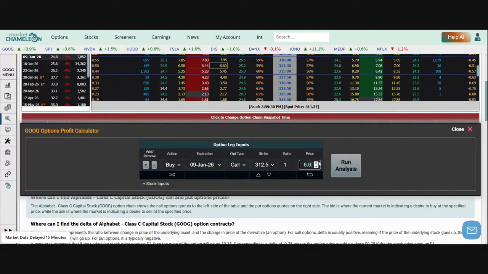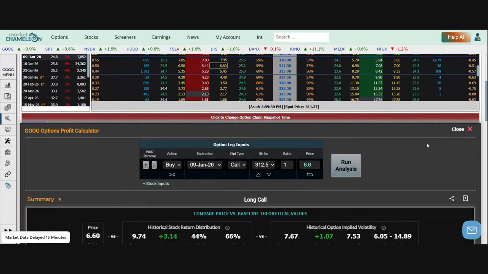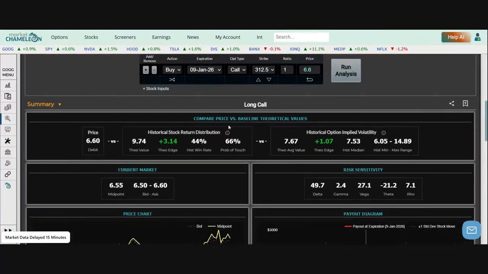We could change it, but let's just leave it at 660. We run an analysis, and based on running this analysis, I get these quick benchmarks to compare. One is using historical stock return distribution. One is using historical option implied.